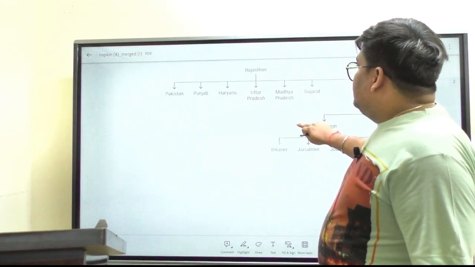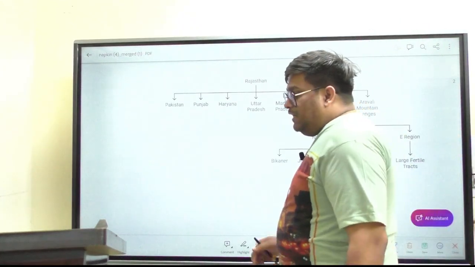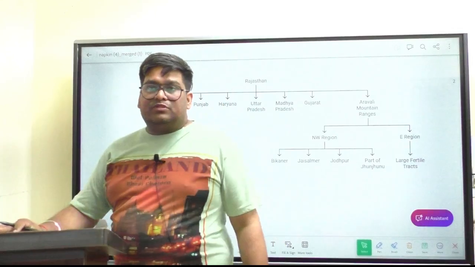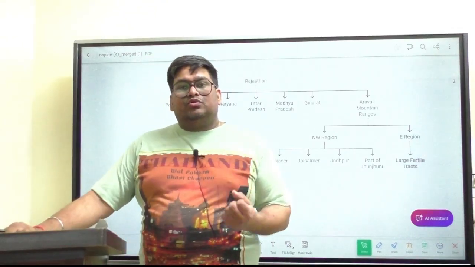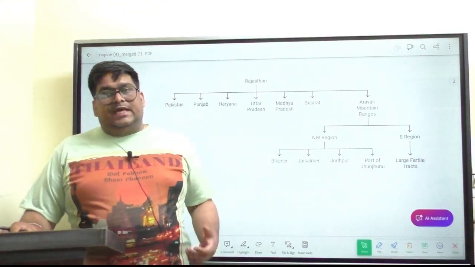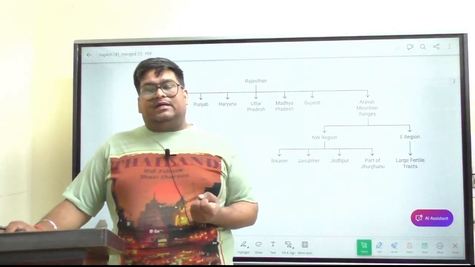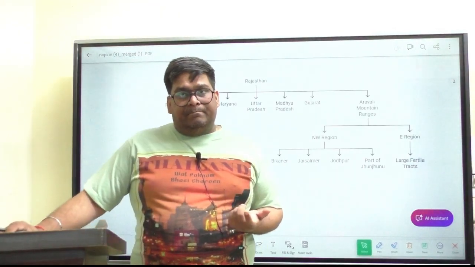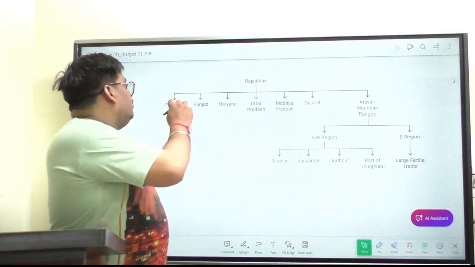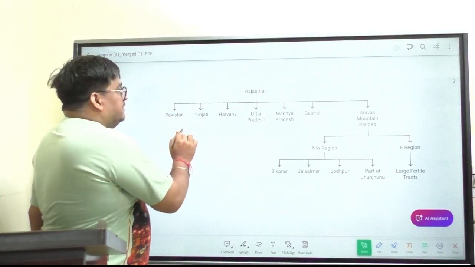Okay, so here the most important aspect is the geographical location. As you know, Rajasthan is bounded by Pakistan in the west and northwest side.